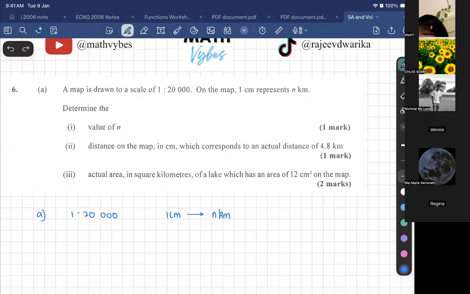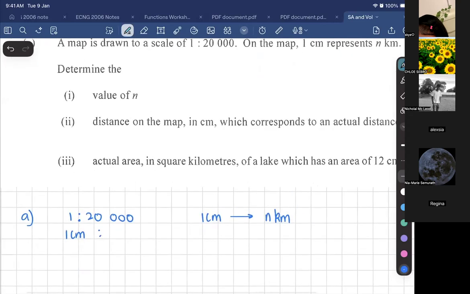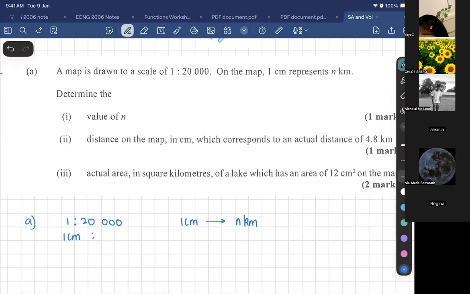Very much so. Well, not after. So what does this mean? The second part of the statement might be a little confusing, so let's forget about it for now. On the map, every 1 centimeter is actually how many centimeters in real life? According to the scale, 1 centimeter on the map is actually how many centimeters in real life, based on the ratio? 20,000. Exactly.